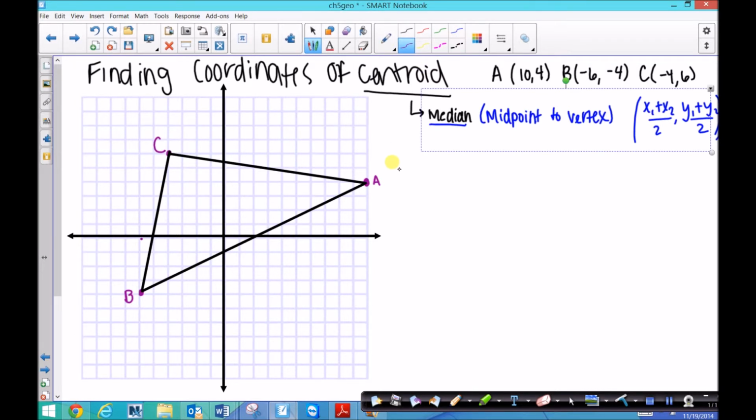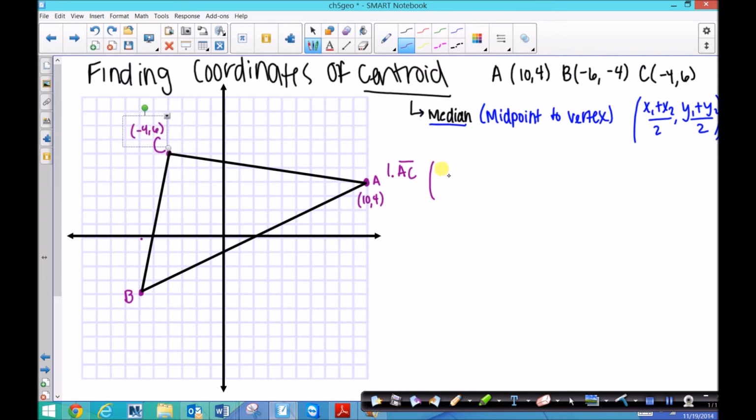So we choose a side to start with. It doesn't matter which side. Let's say that we started with segment AC, and you needed to find the midpoint of this side. Well, the coordinates for point A are 10, 4, and the coordinates for point C are -4, +6.